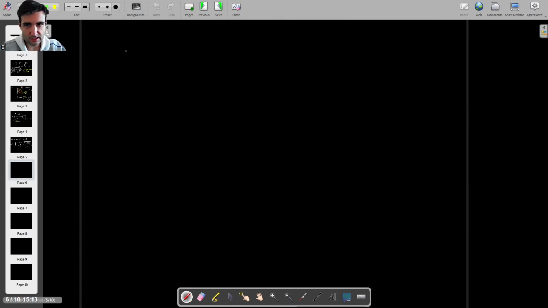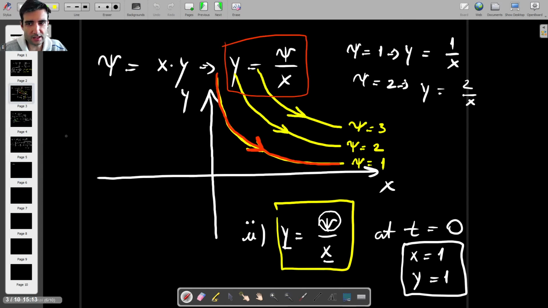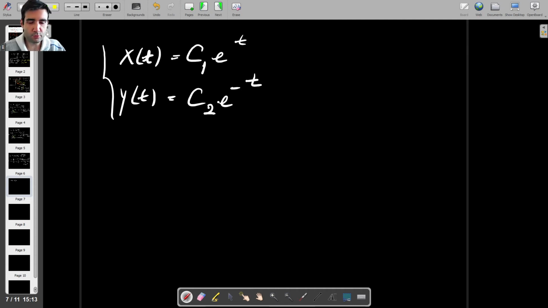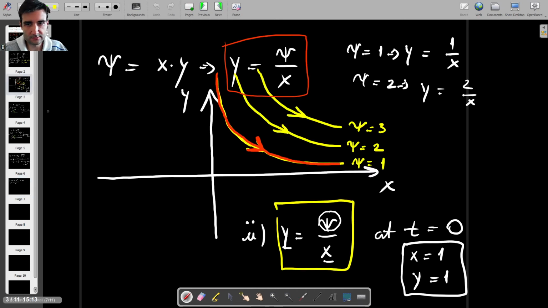So the x coordinate of any of those particles after a certain amount of time is given by C1 e to the power t, and the y coordinate of the same particle after a certain amount of time is C2 e to the minus t. Now, the point here is to find what C1 and C2 actually are. Let's say that at time equals 0, we want that particle to sit on that straight line.